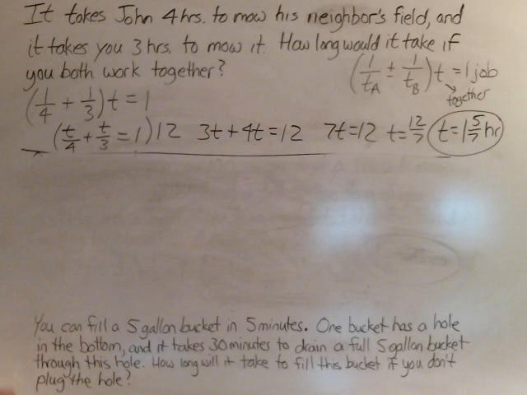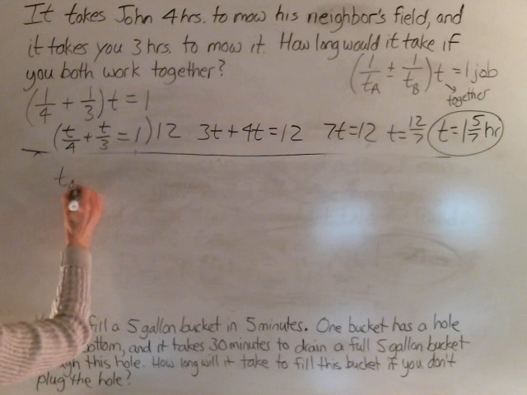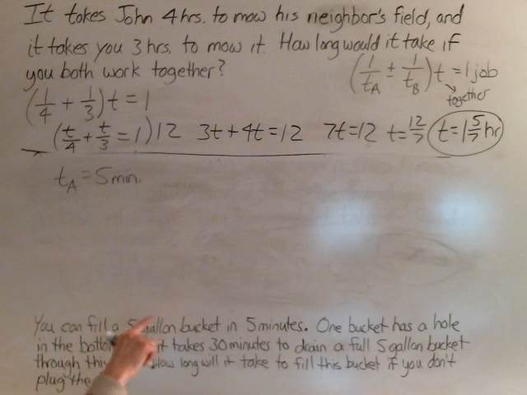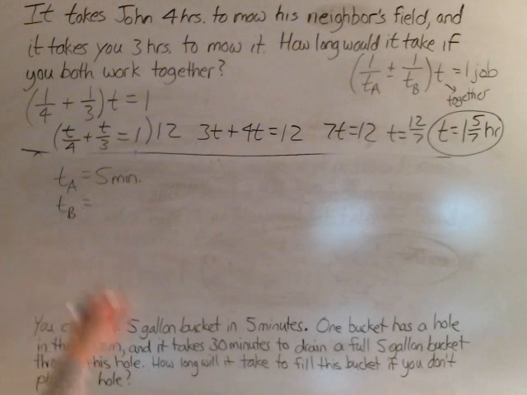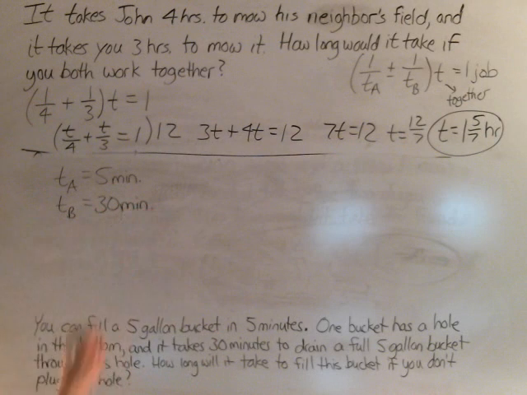So you've got this bucket, and it's 5 gallons. How long will it take to fill this bucket if you don't plug the hole? All right, so one of our times to fill the bucket is 5 minutes. But the bucket drains, a full bucket will drain in 30 minutes through that hole.